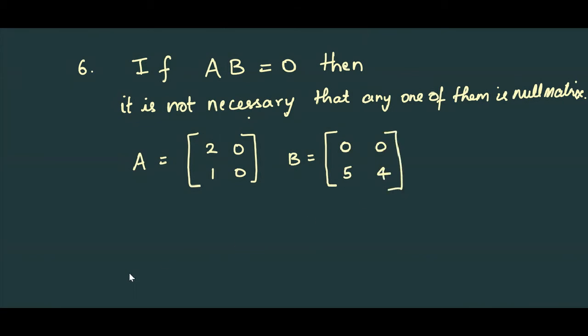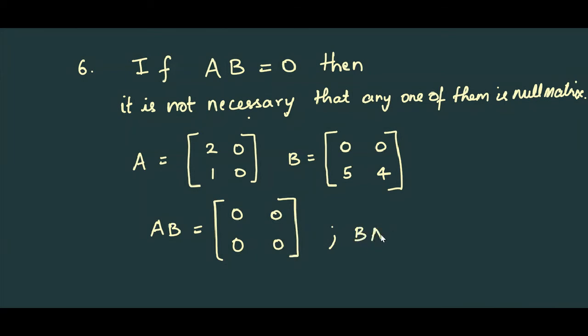None of these are null matrices, but when you do A into B, you see what happens. 2 into 0 plus 0 into 5 is 0, 2 into 0 plus 0 into 4 is 0, 1 into 0 is 0, 1 into 0, 0 into 4, 0.